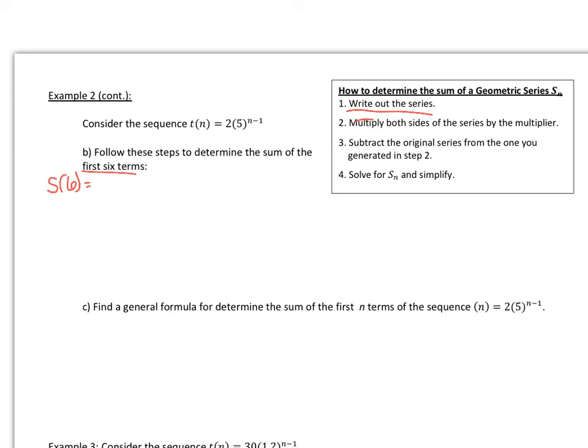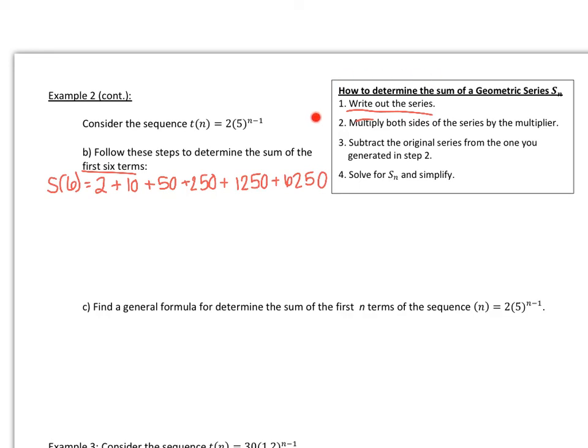So those 6 terms were 2 plus 10 plus 50 plus 250 plus 1250 plus 6250. All right, so we've written out the first 6 terms.